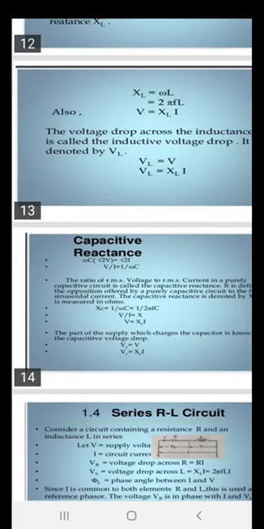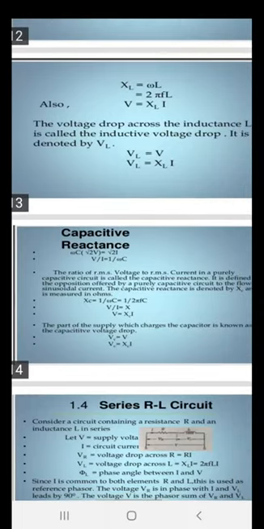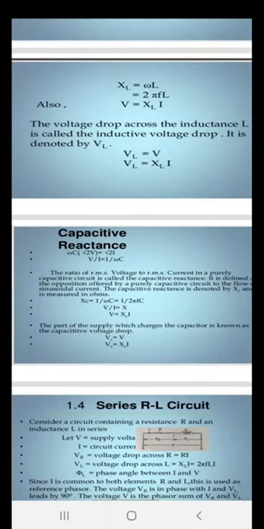Capacitive reactance. Capacitive reactance means the ratio of RMS voltage to RMS current in a purely capacitive circuit. It is measured in ohm.